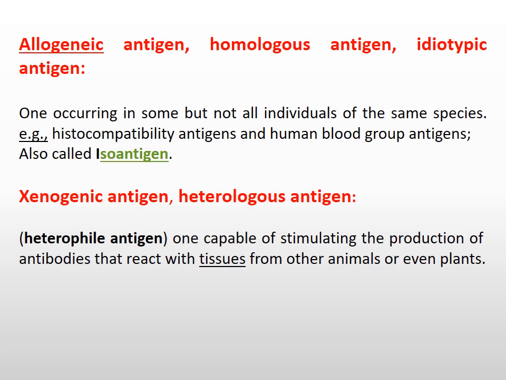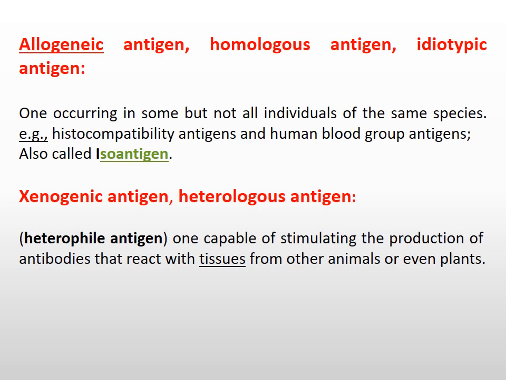So they are not present in all individuals of the same species, but present in some individuals of the same species according to their genetic preference. So present within the same species, that is why it is called homologous. But they are allogenic because they are present in some individuals and absent in certain individuals according to their genetic preference.